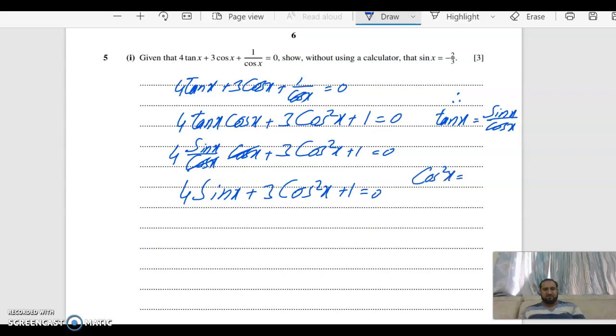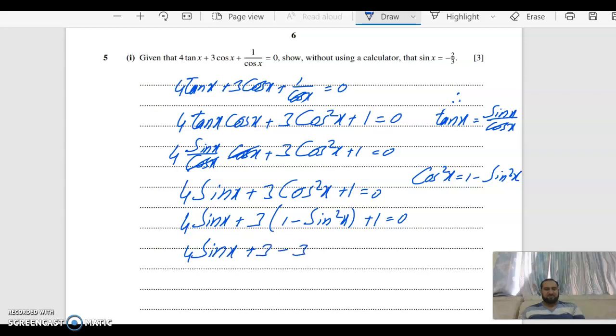If we rearrange that, cos square x is equal to 1 minus sine square x. So 4 sine x plus 3 times (1 minus sine square x) plus 1 is equal to 0. So 4 sine x plus 3 minus 3 sine square x plus 1 is equal to 0.